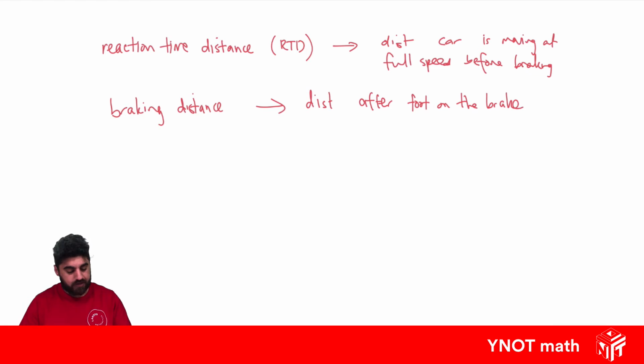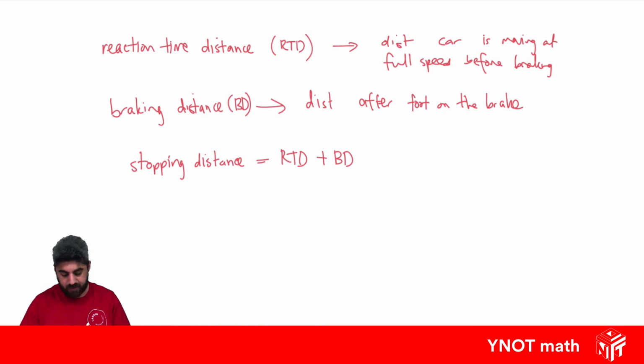And both of those added together, so braking distance we'll call BD, and both of these added together is going to give the total stopping distance. So the stopping distance is just going to equal your reaction time distance plus the braking distance.